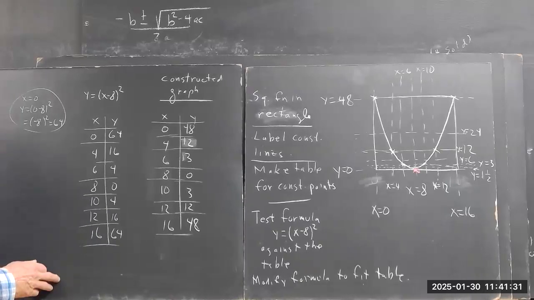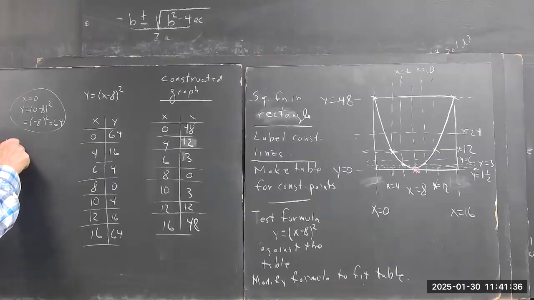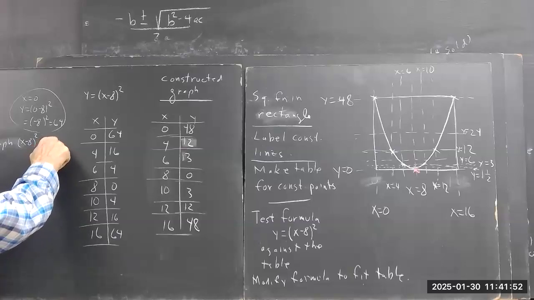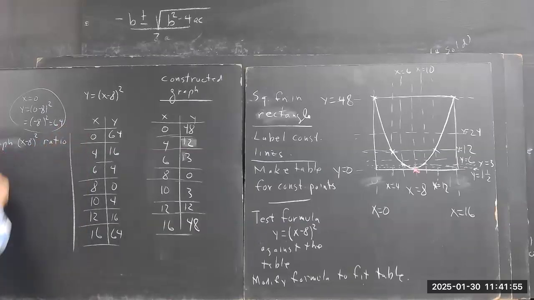One way we could do this is do it like this. Be a useful thing. Your graph gives you 48. We could put the x values here, 0, 4, 6, 8, and so forth.